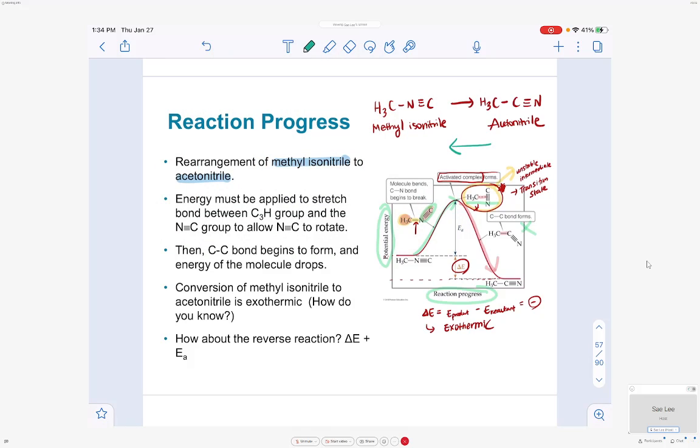If you're going from acetonitrile to methyl isonitrile, what's going to happen is that the product energy state is going to be higher than the reactant energy state. In this case, the delta energy is going to be positive, and this reaction is going to be considered endothermic.